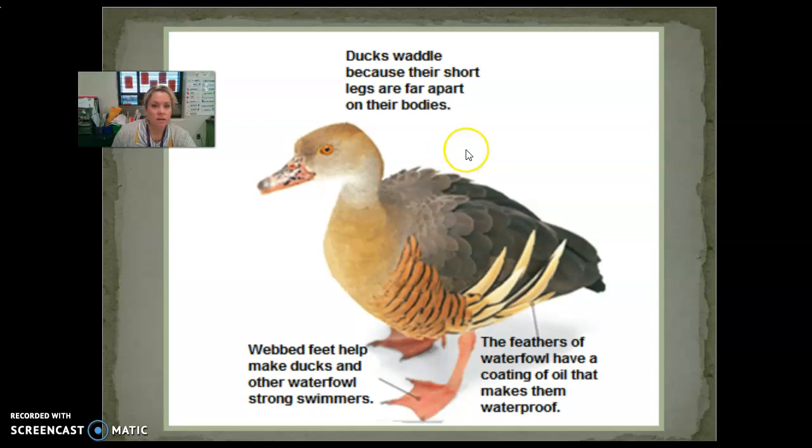Here's a duck, and it waddles because its short legs are far apart from its body. Its webbed feet, which are an adaptation, help ducks and waterfowl be strong swimmers. Their feathers have a coat of oil that makes them waterproof so that they don't get cold when they're swimming in the water.